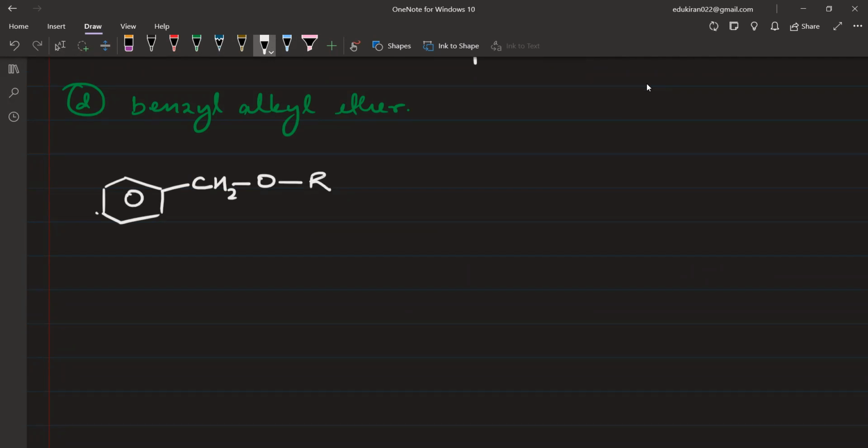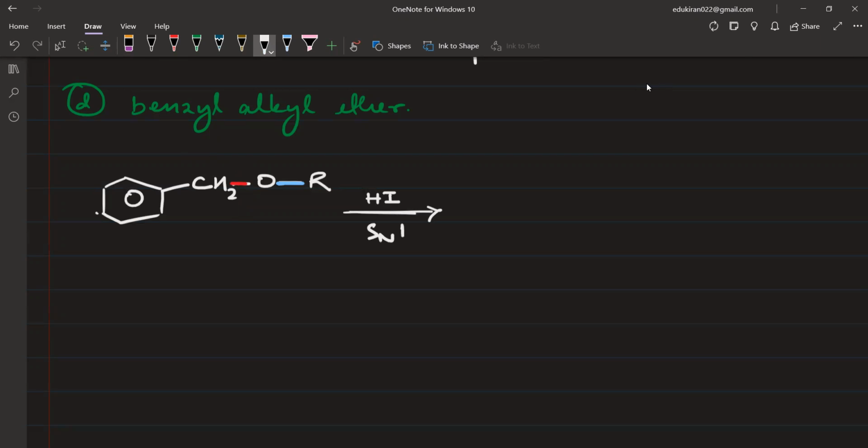This R can be CH3, C2H5, anything. Now, when I react this with HI, what is going to happen? This red bond is easier to break, because as soon as we break it, we get a positive charge here, and this positive charge is resonance stabilized. That is why it is easier. And this reaction is going to be SN1, with the formation of a carbocation.